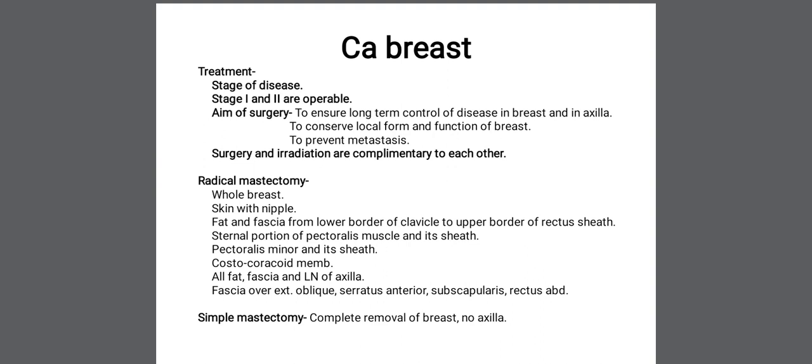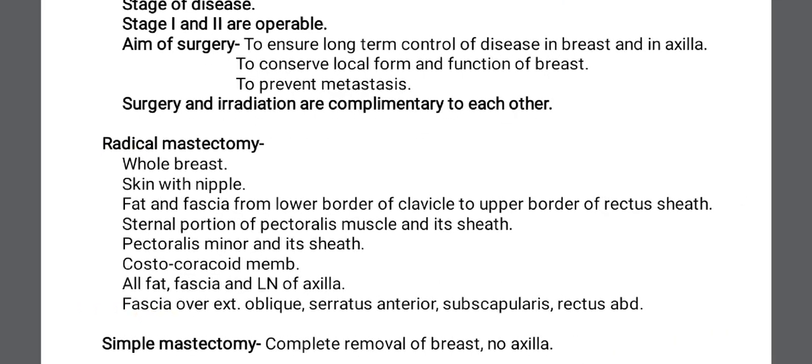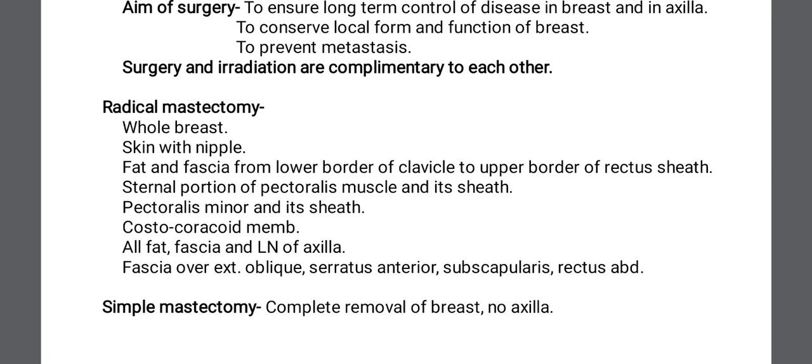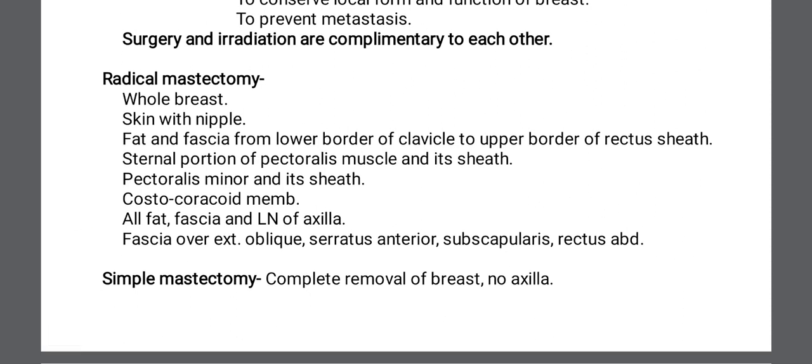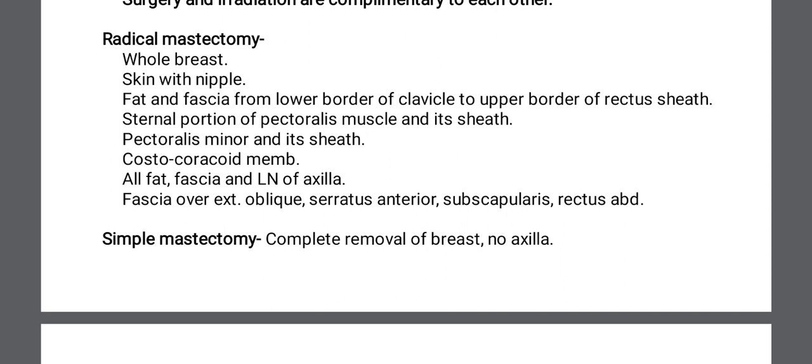the breast and the associated structures are dissected, and this excised mass will contain the whole breast, then skin with nipple, then fat fascia from the lower border of clavicle to upper border of rectus sheath, then sternal portion of pectoralis muscle and its sheath, then pectoralis minor and its sheath, then costocoracoid membrane, then all fat fascia and lymph nodes of axilla are removed, then fascia over the external oblique, serratus anterior, subscapularis and rectus abdominis muscle should be removed.